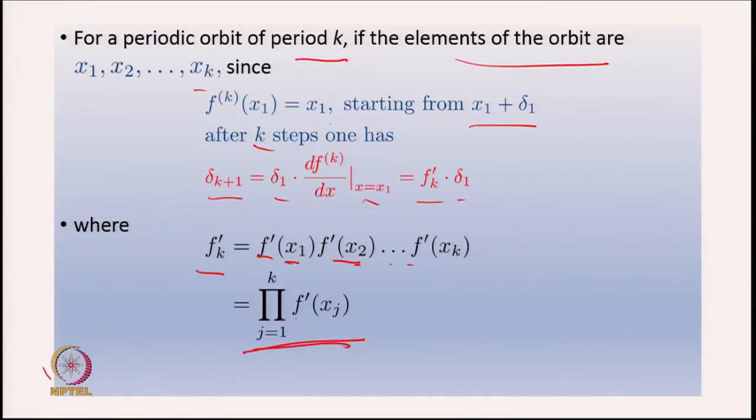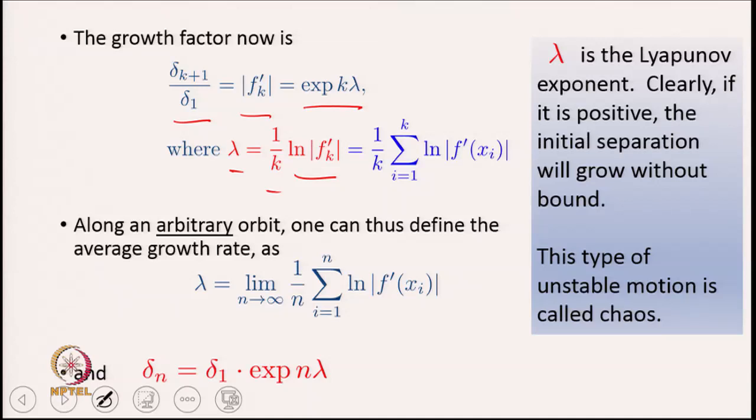So, the logarithm of this product is the sum of the logarithms of the individual slopes. So, my expression for lambda is 1 by k times the sum over the various points of the orbit of log of the modulus of this slope.